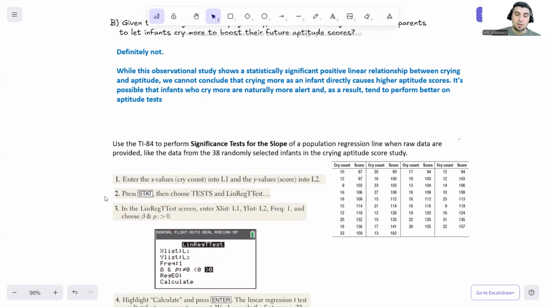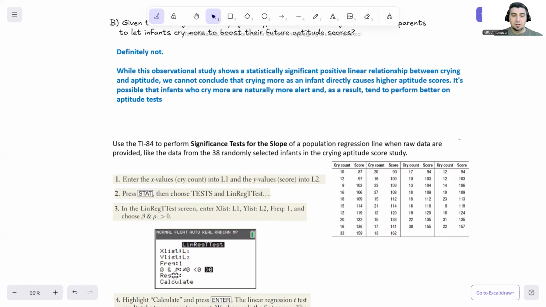To do this, all we need to do is enter the cry count values, which correspond to the X variable, into L1, and the aptitude score, which corresponds to our Y value, into L2. Then you go to the stats menu, arrow over to tests, and then arrow down to linear regression t-test. You're going to put L1 in the X list, L2 in the Y list, frequency, you always leave that as 1. Beta and P, this is a greater than test, so we click greater than.